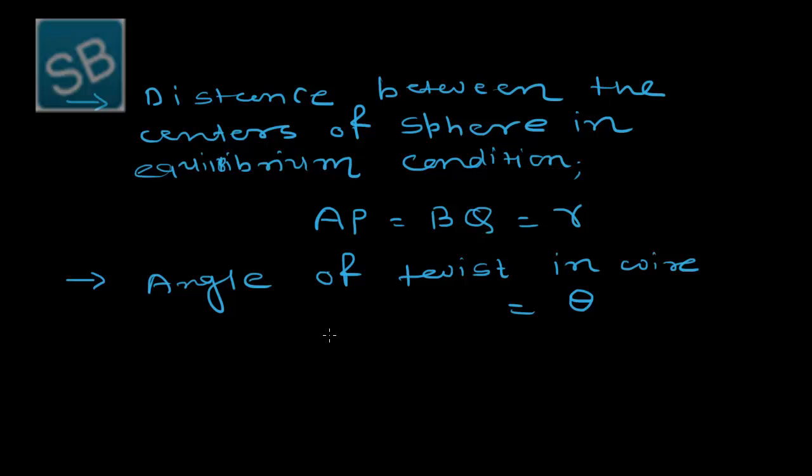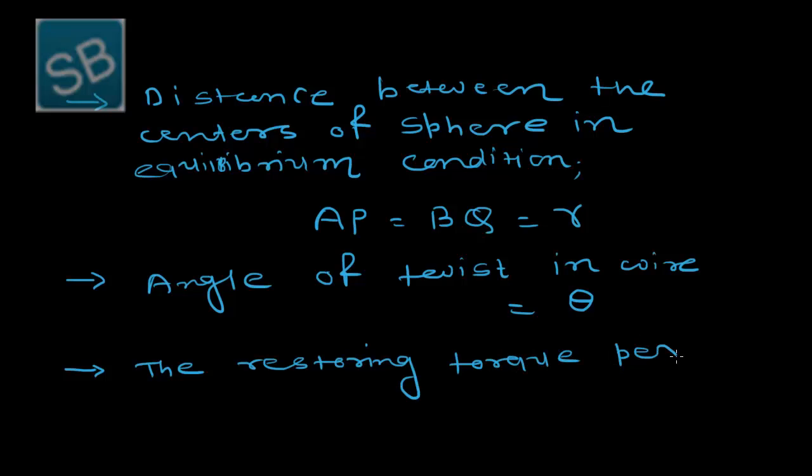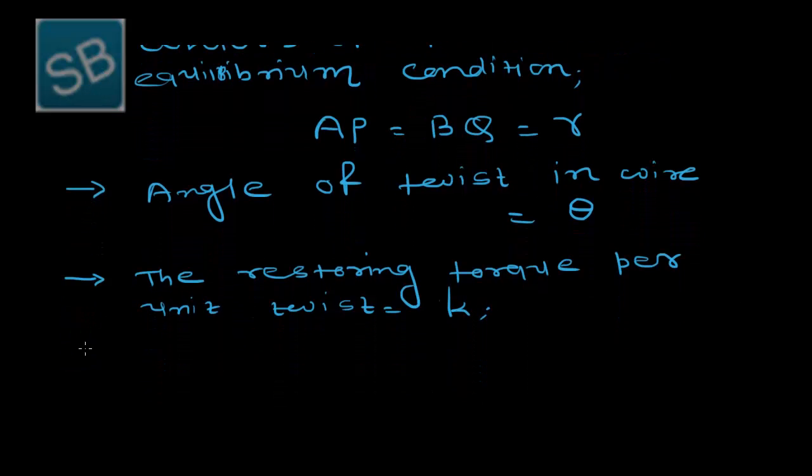The restoring torque per unit twist is small k and the length of the rod AB is small l.